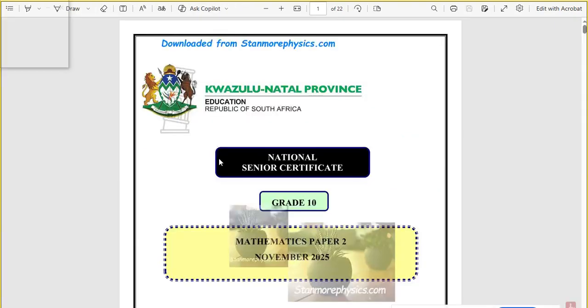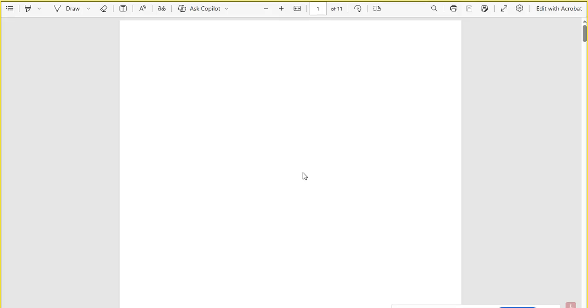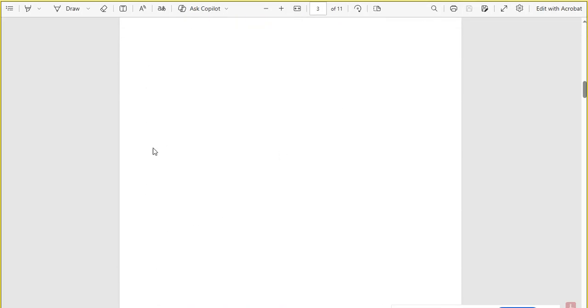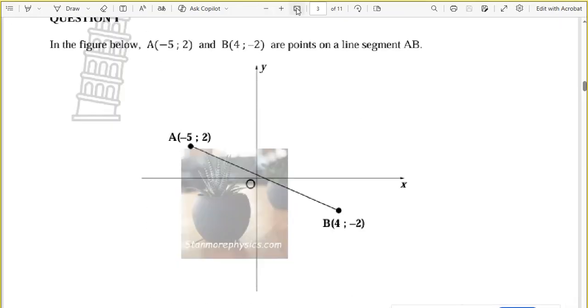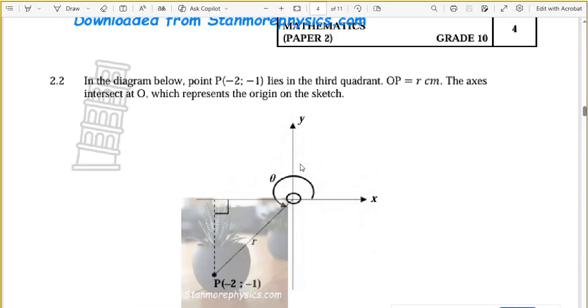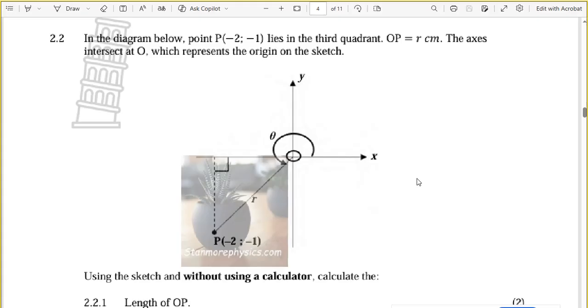Pay attention. So now you can see that I have different question papers on the board. I just want you to see that whatever we are doing in this lesson, it's what you'll definitely get in your exam. So if you look at this question, let's start with this. Question 2.2 is definitely what we are doing now.